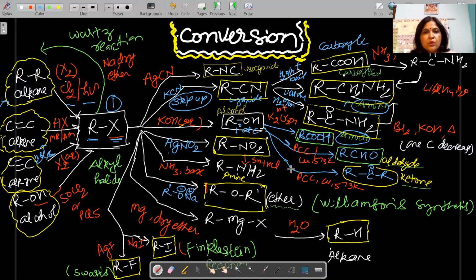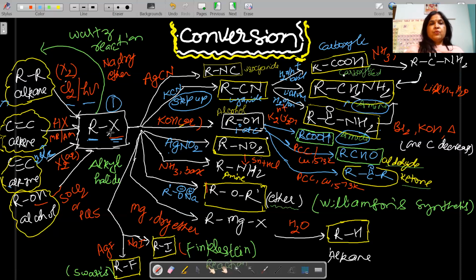Now in alkyl halide, we can add cyanide: AgCN gives isocyanide, KCN gives cyanide, in aqueous KOH alcohol. If we add AgNO2, we can get nitroalkane, and this nitro compound is easily reduced by tin HCl or Fe HCl to form amine, and from amine we can get various reactions.